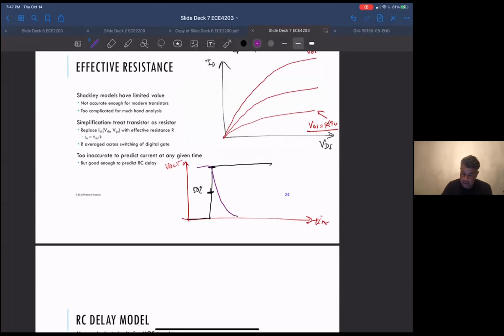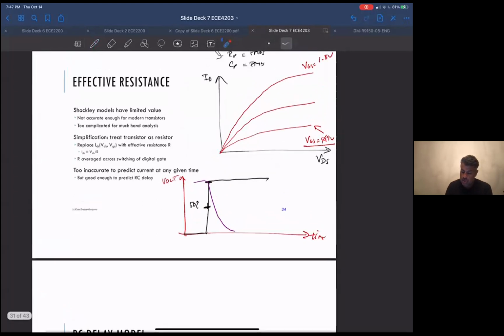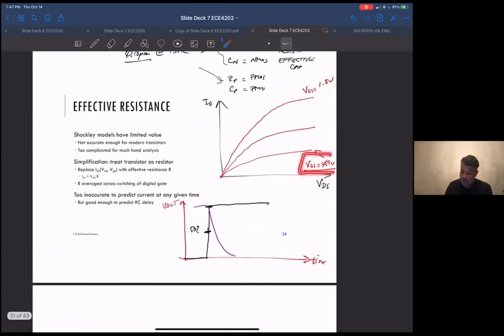This is the business end of the input switching for the output. So for this amount of time that the output is switching, you look at VGS going from 0.9 volts to 1.8 volts.